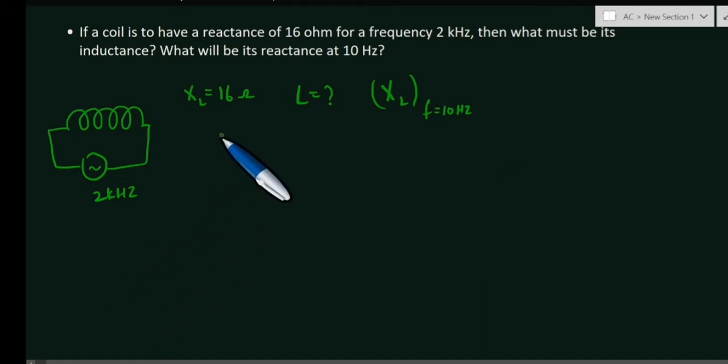Okay. So first, they have given the value of F, and the value of XL is also given.